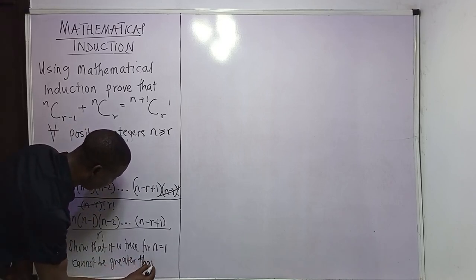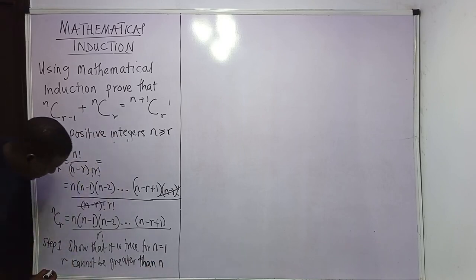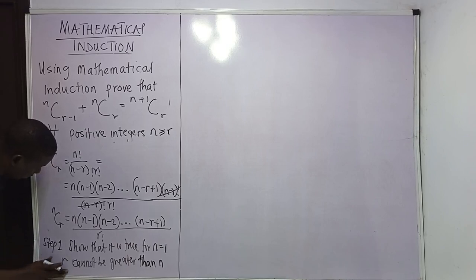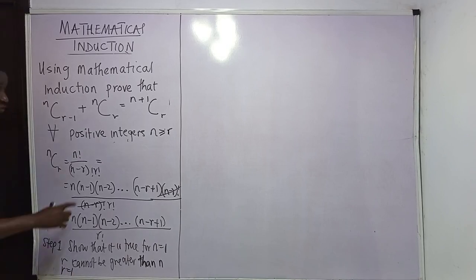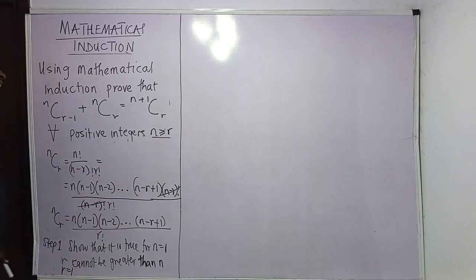So if r cannot be greater than n, therefore let's take our r to be equal to 1 also. If you remember in the question, they told us that n is greater than or equal to r. So we take r to be 1.